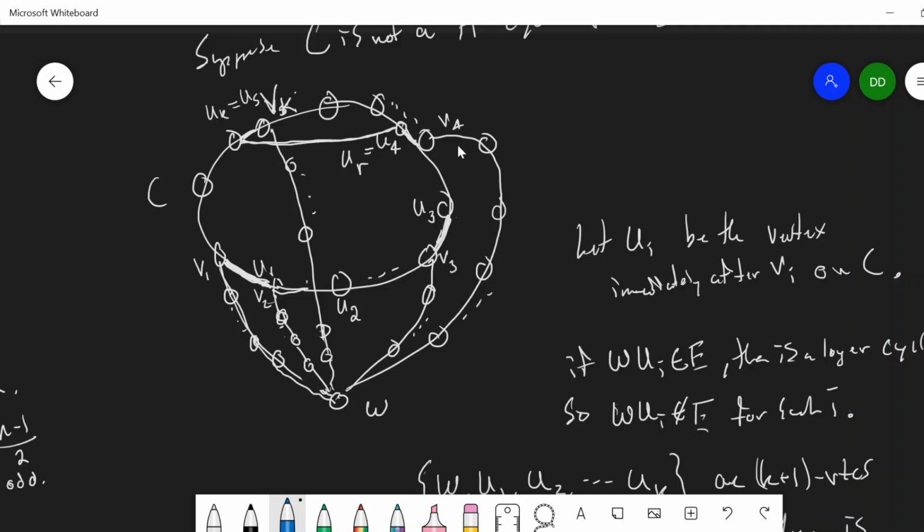What I'm going to do, I want to use this path from V sub K to W, this path from V sub R, so V sub 4 to W, and I want to use this edge between them. Okay, so I'm going to start here at v sub 1. I travel along the cycle, doing everything normally, and then I get to v sub 4.